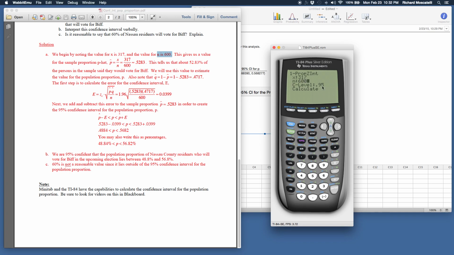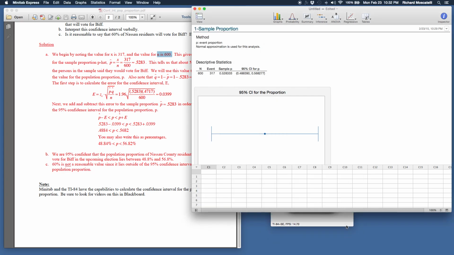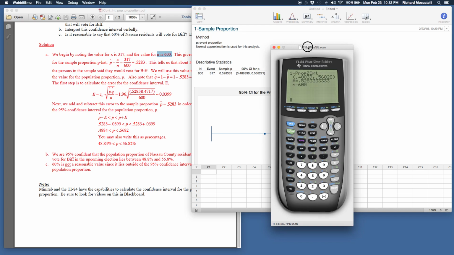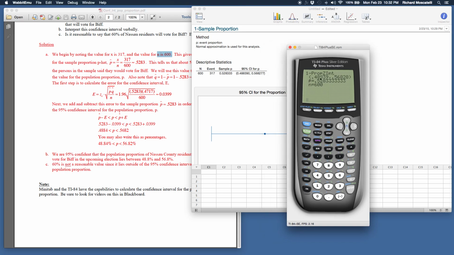The default for the confidence level is 95%, so I don't need to change that. And you just go on top of calculate. And as you can see, the results here are the same as the results here.